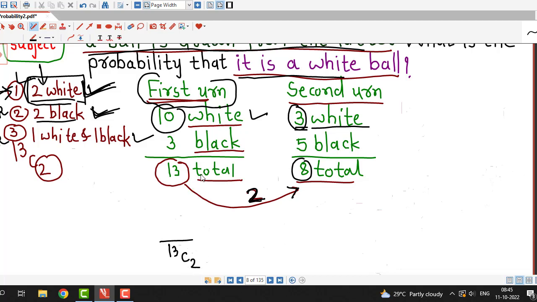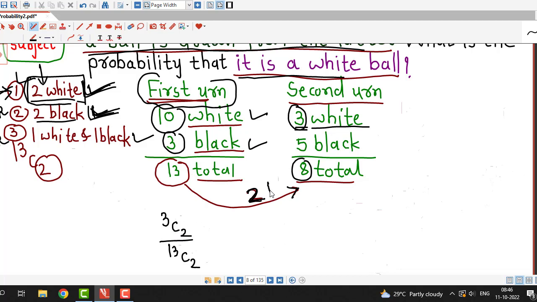Now out of those two selected balls, we are considering the event that two black balls are drawn. So there are 3 black balls in the first urn, and therefore outcomes in favor of two black balls are 3C2, because we can select 2 black balls out of 3 black balls in 3C2 ways.